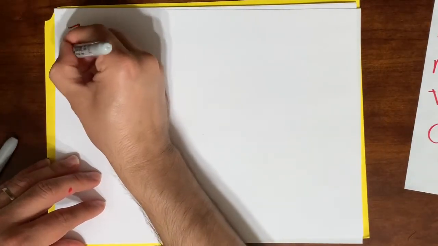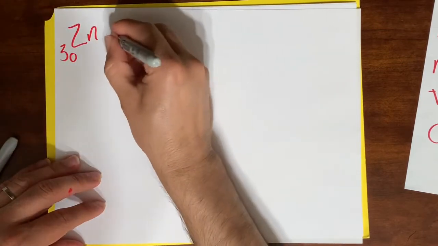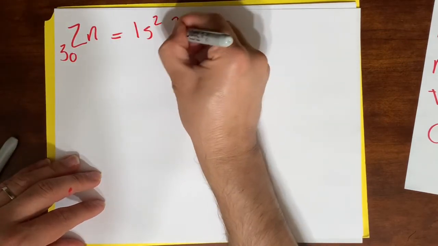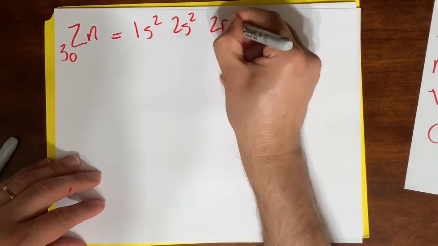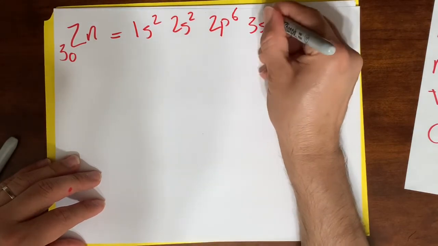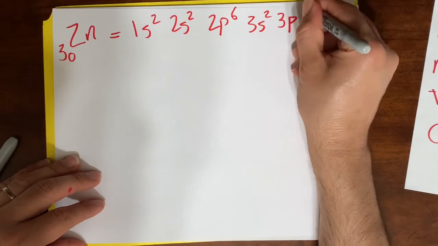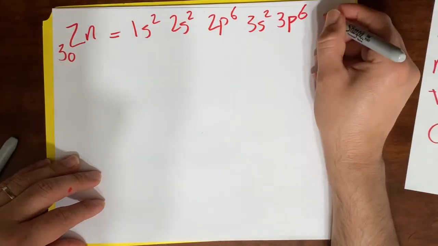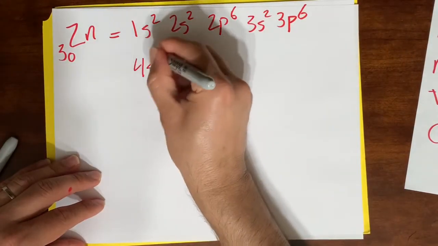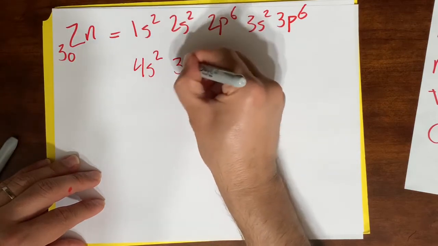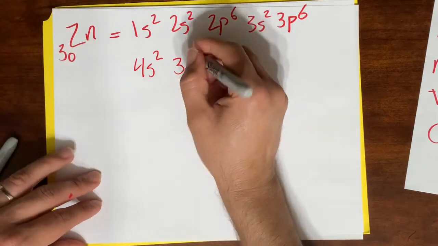Zinc atomic number is 30. 1s2, 2s2, 2p6, 3s2, 3p6, and then 4s2, 3d10.